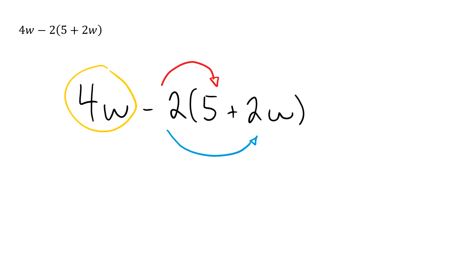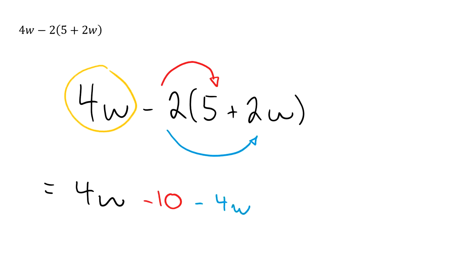Now it's important to remember that this is together, right? So that is a minus 2 we're looking at. Alright, so we said nothing happens to our 4w, so you can stay. We have negative 2 times 5, which is negative 10. We have negative 2 times 2w, which is negative 4w.